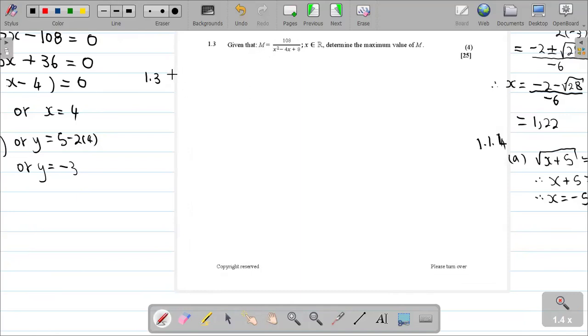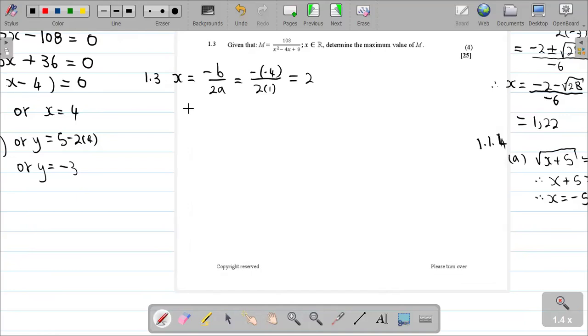So we're going to say x equals negative b over 2a here. So then our b is -4, all over 2 into 1. Then we get a 2. So the x must be 2 for this thing to be a minimum. Okay, so we're going to substitute 2 here at the denominator.